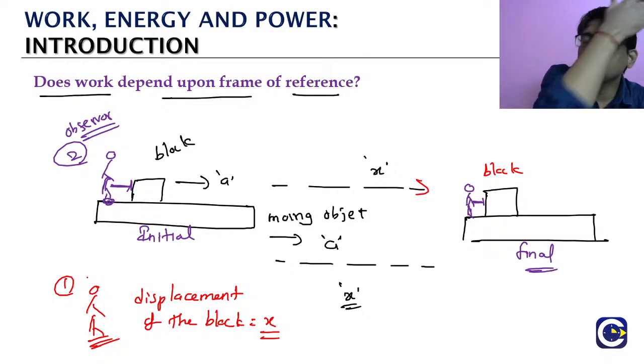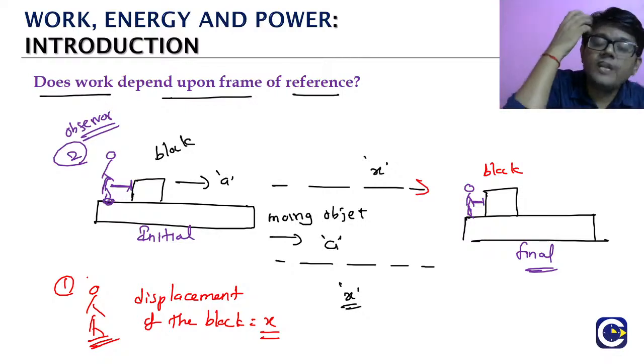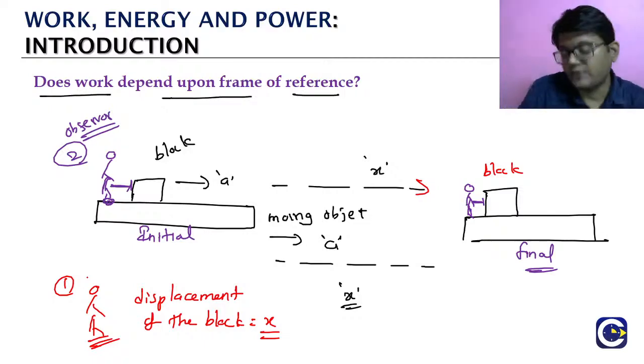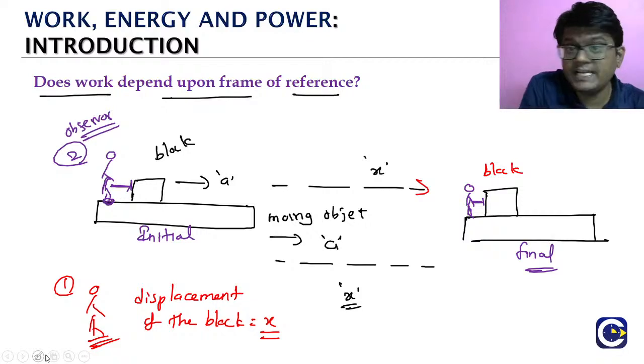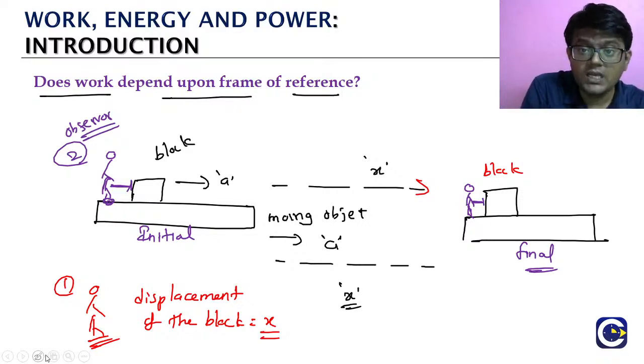So the work will depend upon the frame of reference. Just like the parameters of motion depend upon the observer, displacement always depends upon the observer. Velocity depends on the observer.